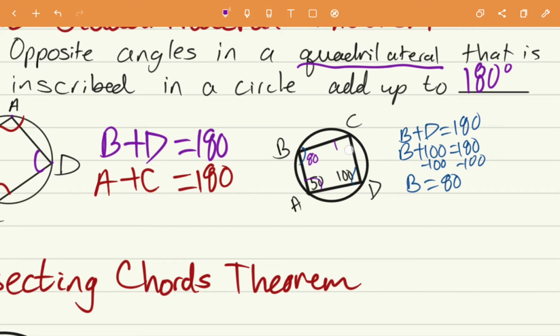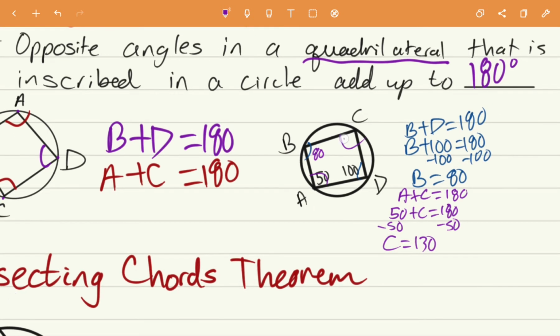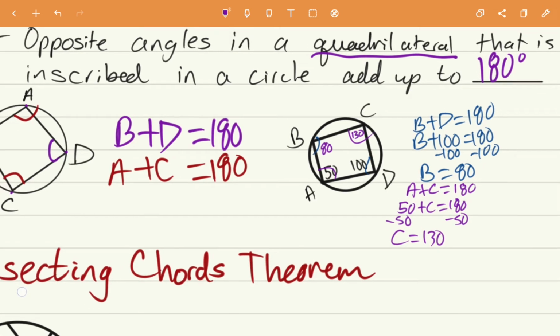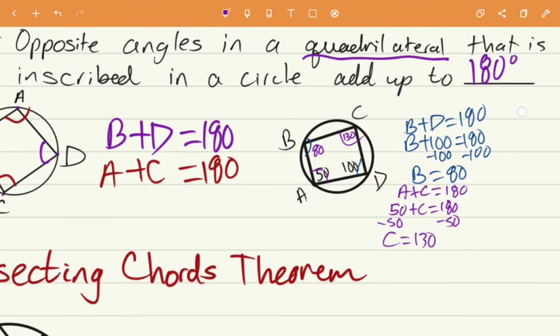And then same with A and C. A plus C equals 180. A is 50, so we get 50 plus C equals 180. Minus 50, minus 50. C equals 130. And that's it for the cyclic quadrilateral theorem.